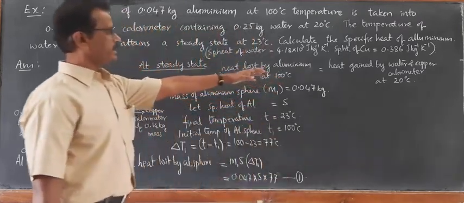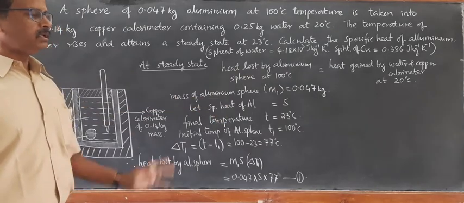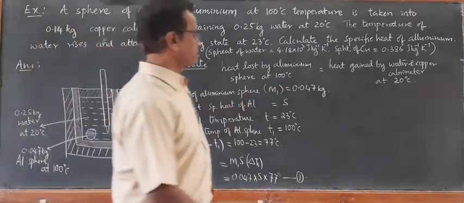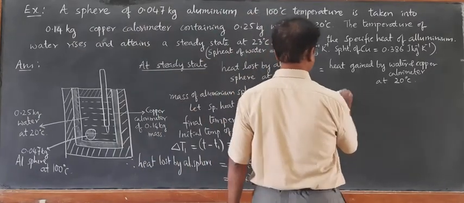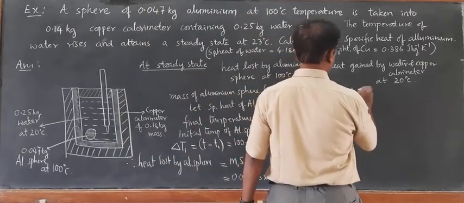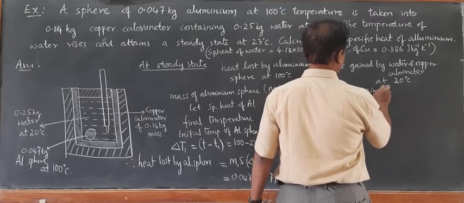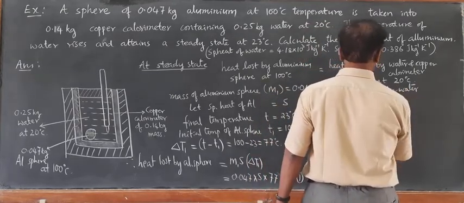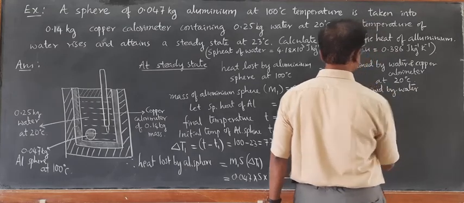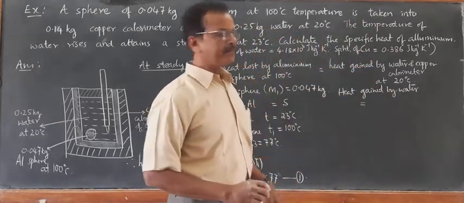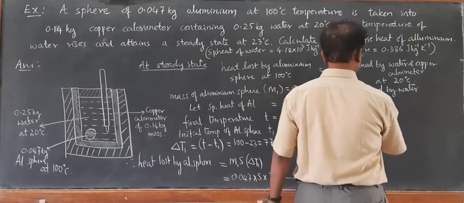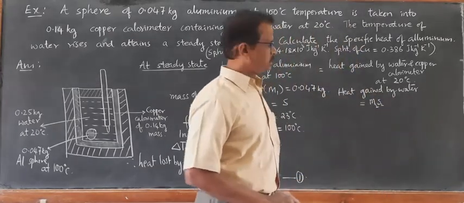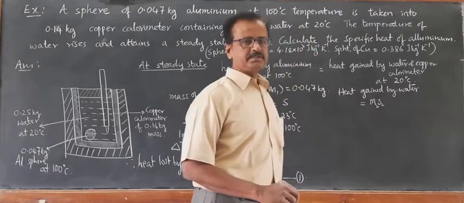In the same way, we can calculate the heat gained by water and the heat gained by copper separately, and then add them together. First, the heat gained by water is equal to, let us take mass of water as M2, into specific heat of water as S2, into change in temperature.